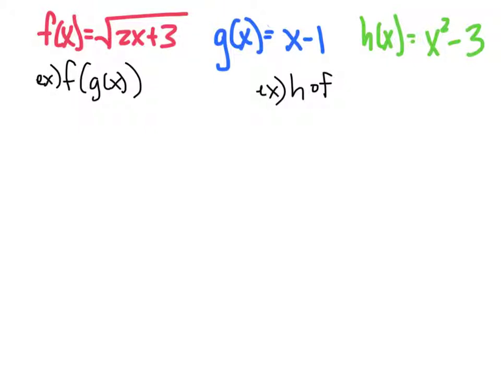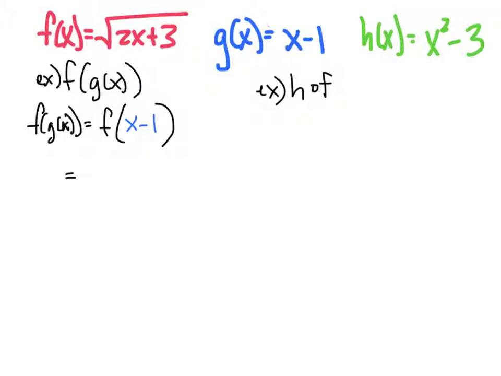All right, in our last two examples, we have f of g of x. So f of g of x is equal to f of, now we have new functions, so I'm going to replace this with my new g, x minus 1. So now all of the x's in f get replaced with x minus 1.